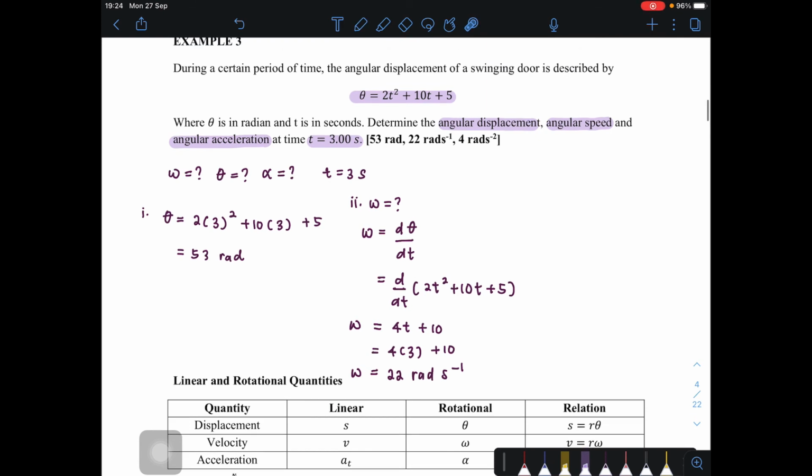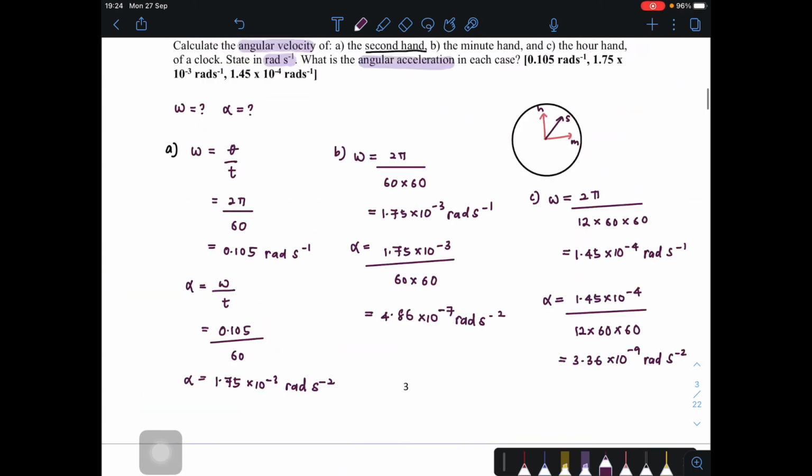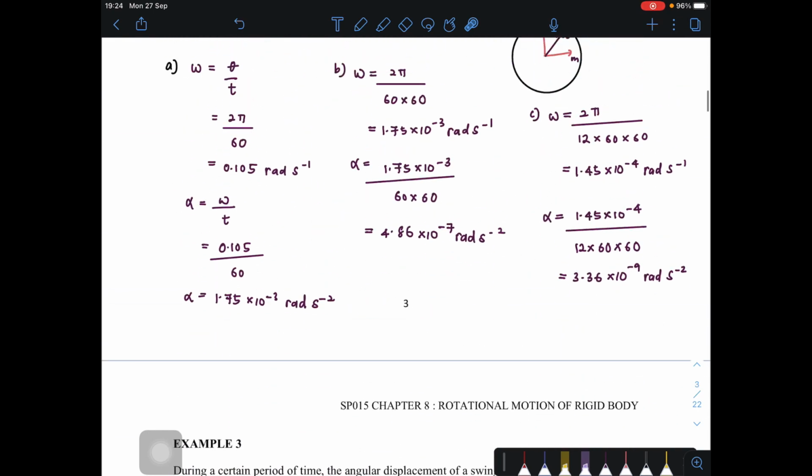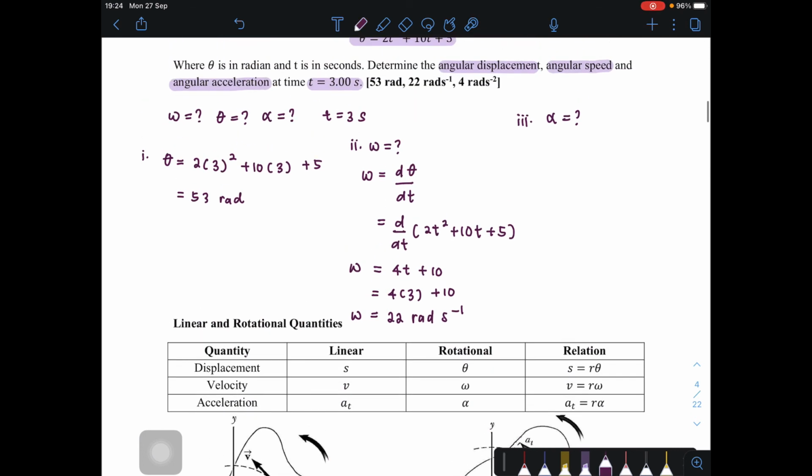Okay, so next one, find the angular acceleration. So angular acceleration, let's see the equation. So instantaneous sebab kita mau at specific time, which is this one. Okay, angular acceleration is equal to d omega divided by dt.